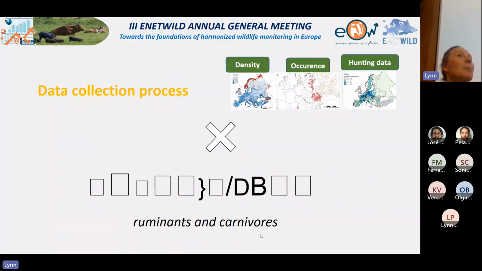But if you multiply that by the number of ruminants and carnivores, so how many species we have to collect and handle, it starts to be really a huge amount of work, a huge amount of data, which we need to collect, maintain, and prepare to be usable for many different purposes.